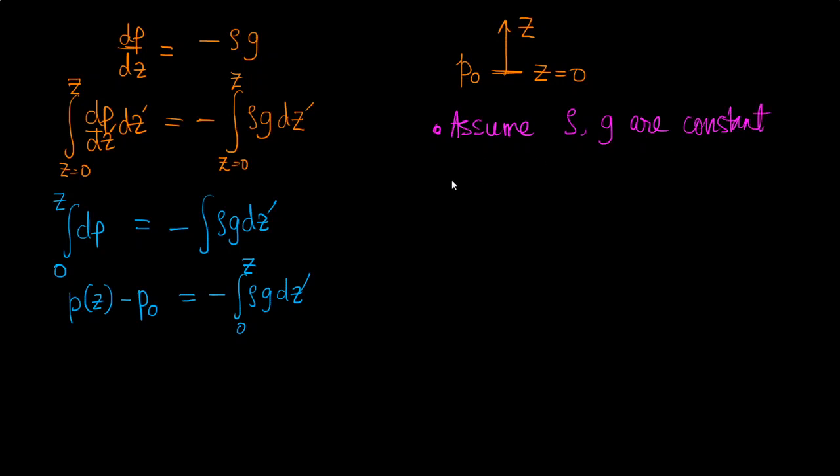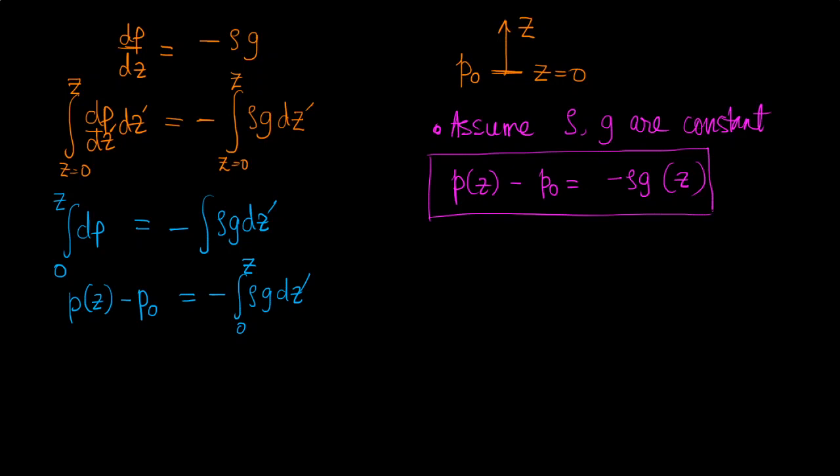Under that assumption, we have p at z minus p at 0 is equal to minus rho g times z minus 0, so essentially it becomes z. So this is the expression for the pressure at a given z relative to the pressure at z equal to 0, which we denote as p naught.